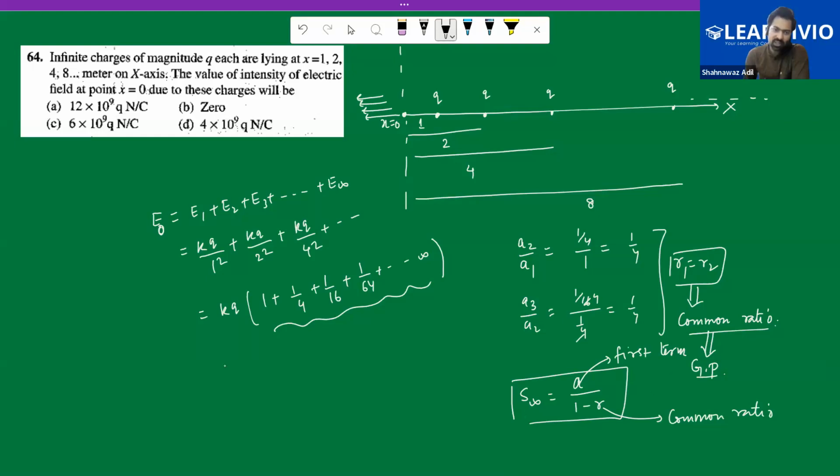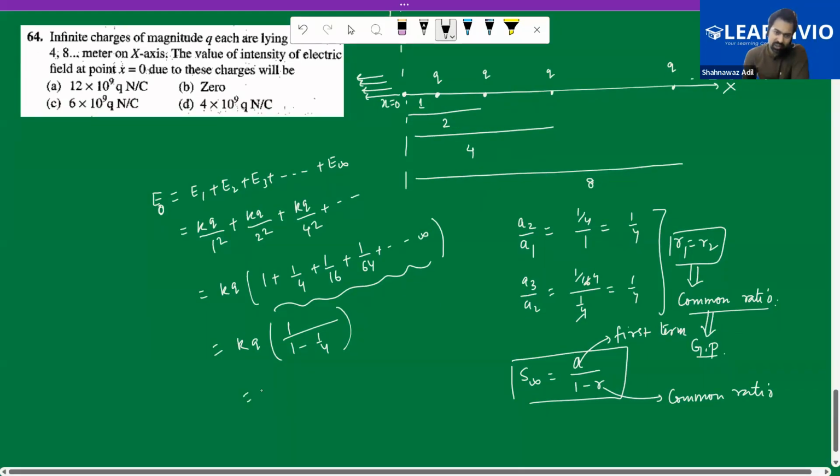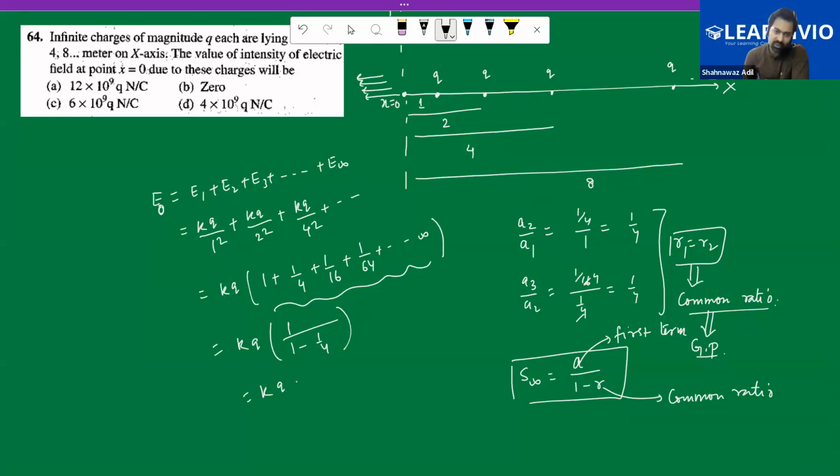So if we apply this idea, then this would be simply KQ, and A is 1 divided by 1 minus 1 by 4. How much is this? So this is KQ, and this is 4 minus 1, so 3 by 4, so this is 4 by 3, right?